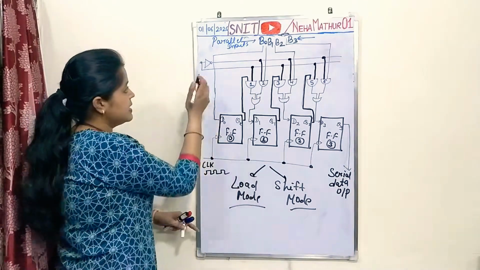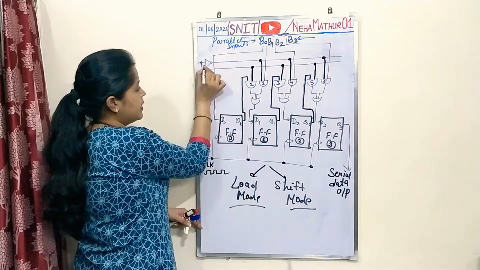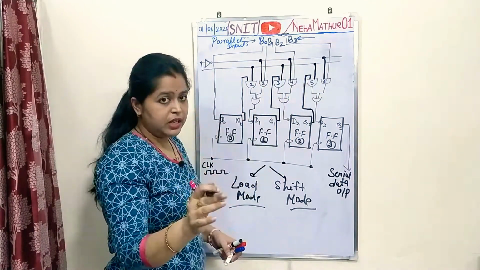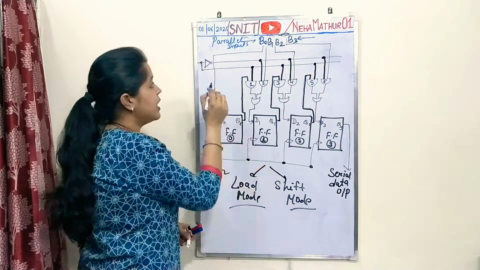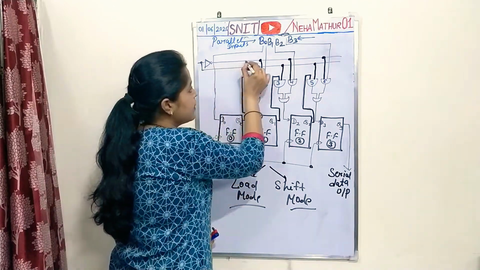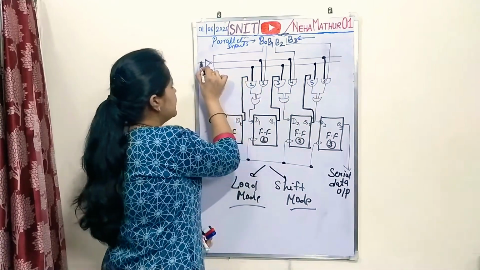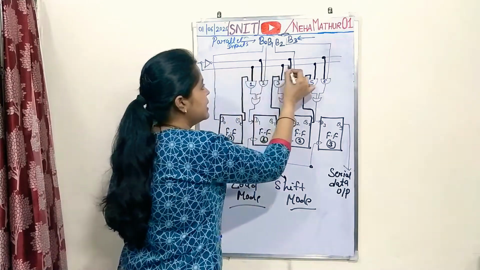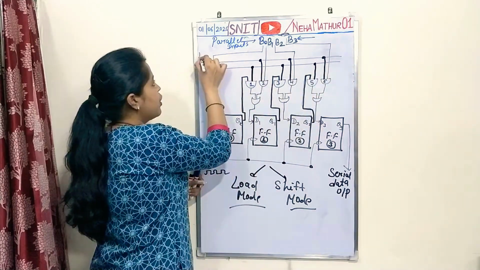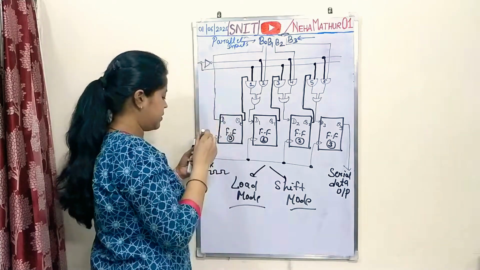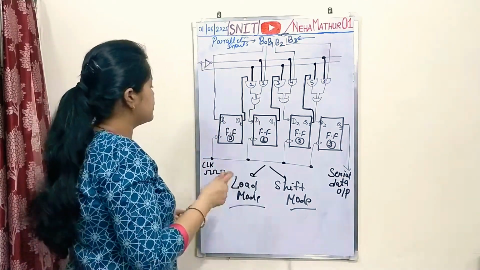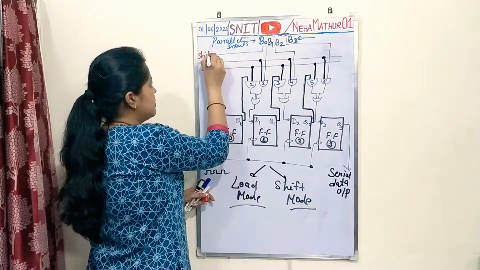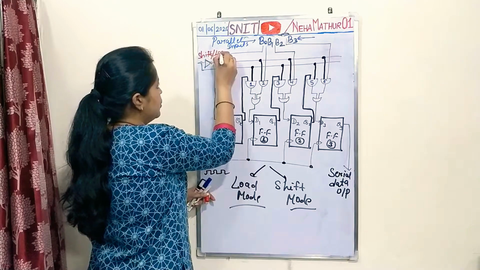See, these 4 lines are for B0, B1, B2, B3. Except these inputs we are using here 2 more input lines, one here, which is the output of the inverter, and the second is the direct input. This is basically to select the mode of operation, that means shift/load.